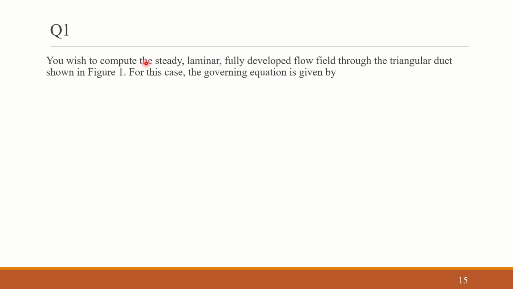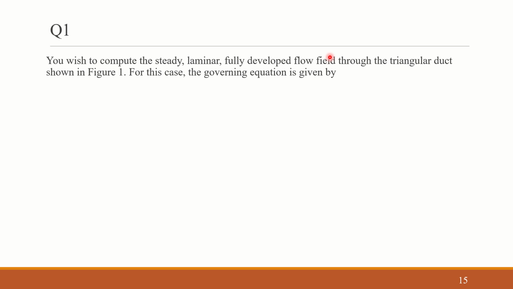Question 1. You wish to compute the steady laminar fully developed flow field through the triangular duct shown in figure 1. For this case, the governing equation is given by dash.